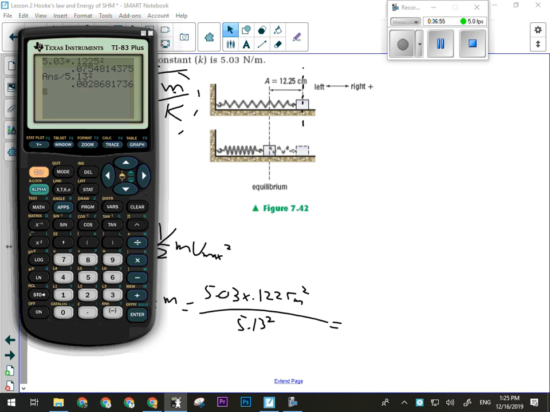All right, so this is an incredibly small mass. It's like 2.8 grams or 2.9 grams. It's incredibly small. Well, that's fine.